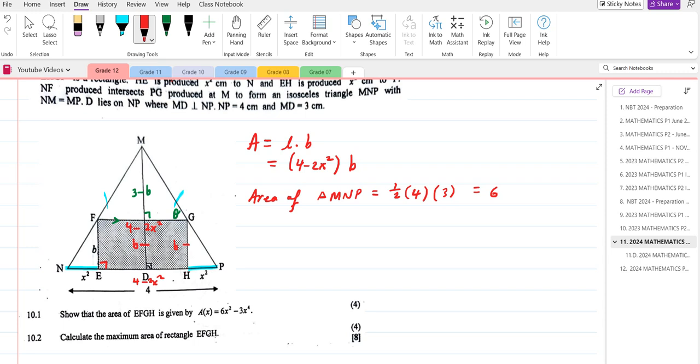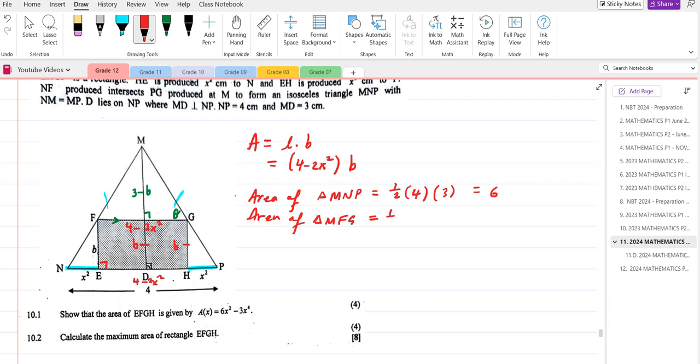Then how can we find the area of the rectangle? Area of the rectangle is this. Okay, what if you find the area of MFG? Area of triangle MFG.